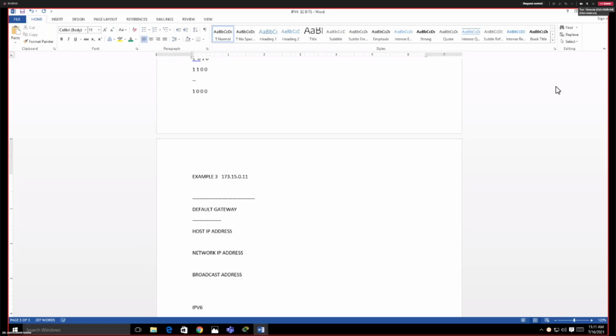Tell me these three values and then the default mask. For example 3, please calculate it.